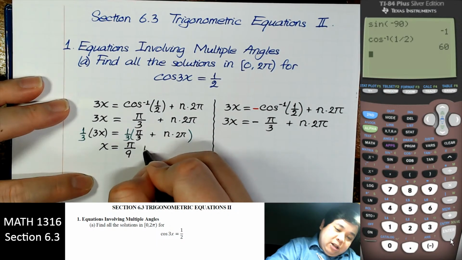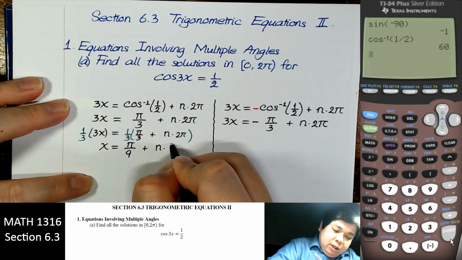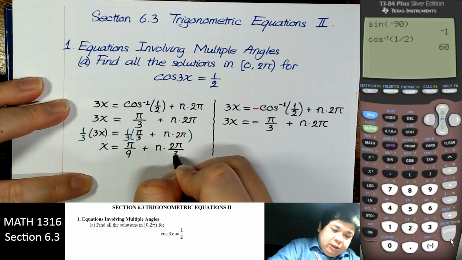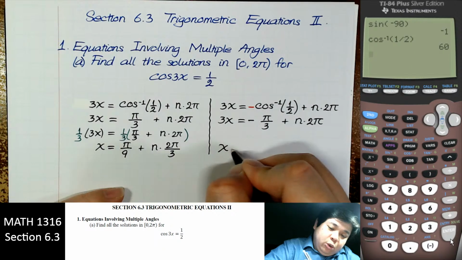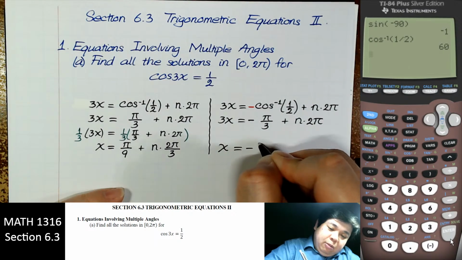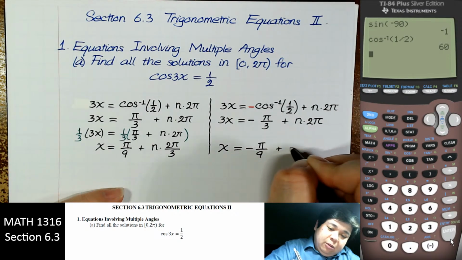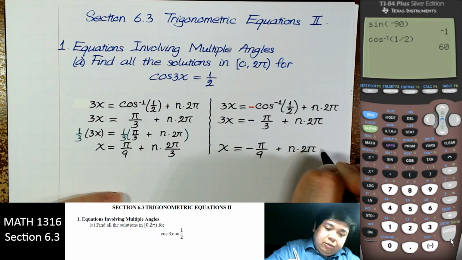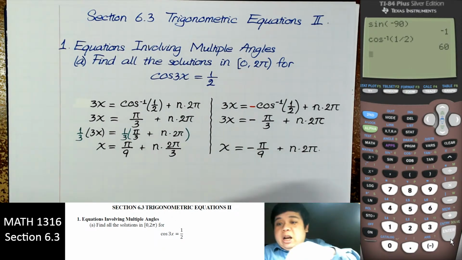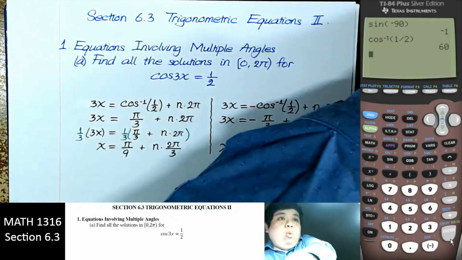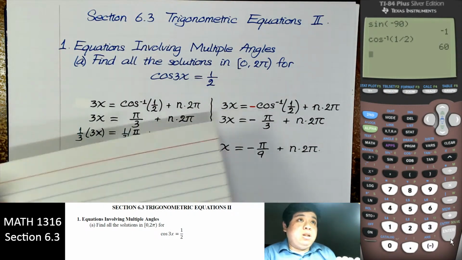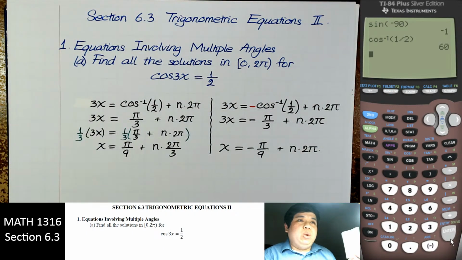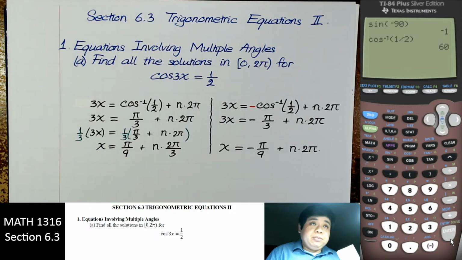And then 1/3 times n times 2 pi is n times 2 pi over 3. Same thing here, we have negative pi over 9 plus n times 2 pi over 3. Up to this point, there's nothing new compared to what we had earlier. Cosine is still cosine inverse and the opposite, and we just divide by 3 to solve for x. What's next is the new part.